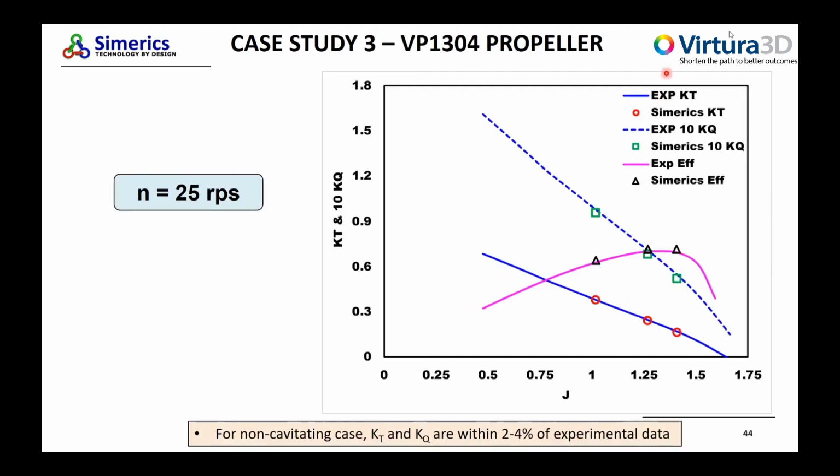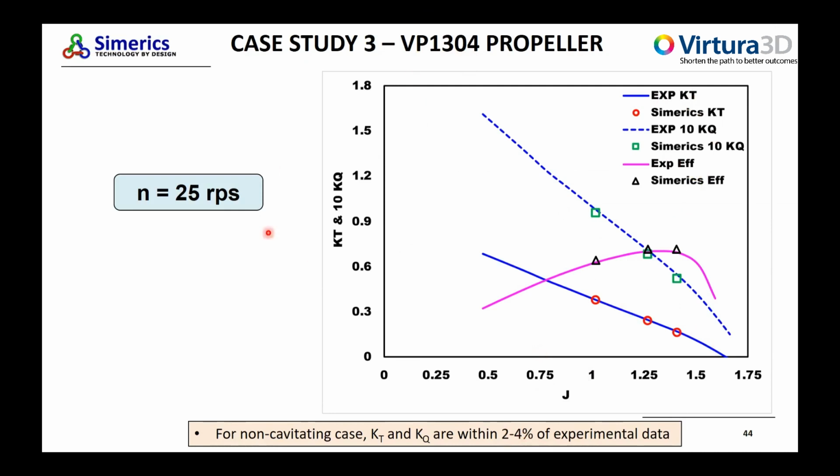One more propeller that we ran recently is this VP1304 propeller. Again, the characteristic curves show quite good agreement for the KT, KQ, and also the efficiencies. We again see that the numbers are within 2 to 4% of the experimental data.